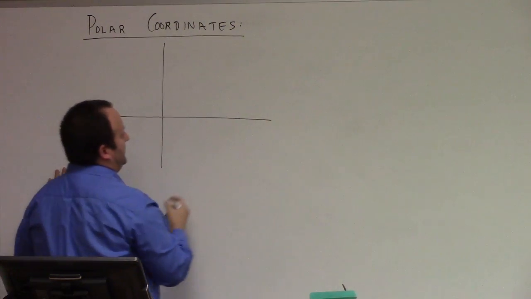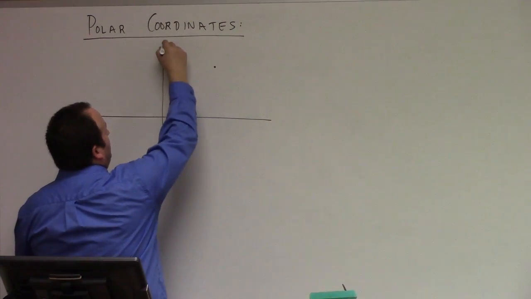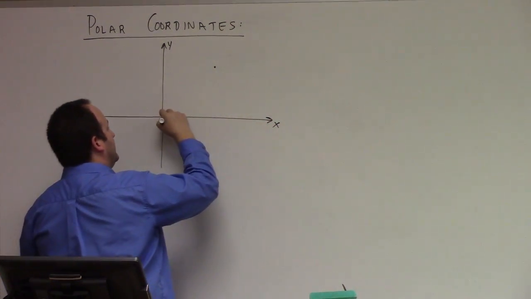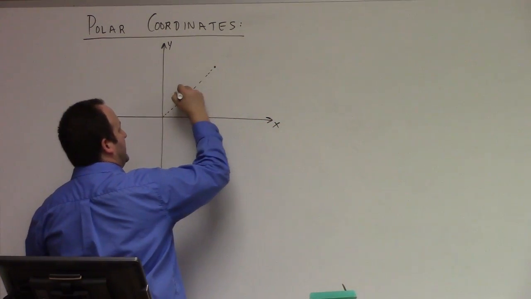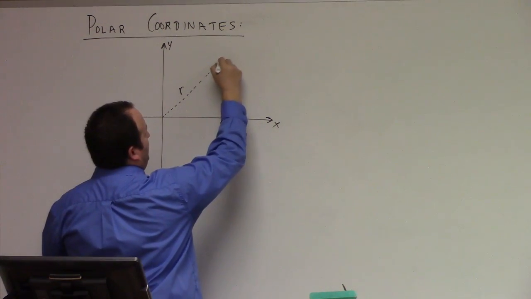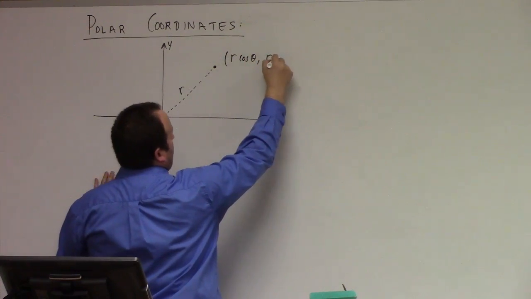So first of all, just the definition. If I take any point here in the xy plane, I can find the distance from the origin, call that r. And then this point can be shown to have coordinates r cosine theta, r sine theta.